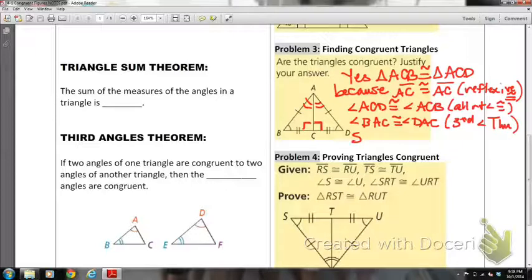So the triangles are congruent by the definition of congruent triangles.